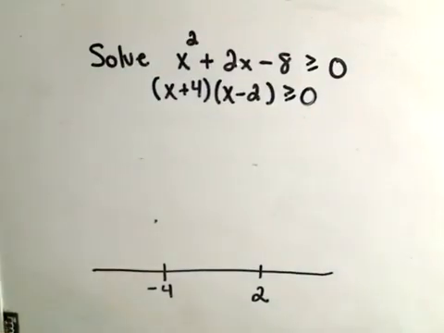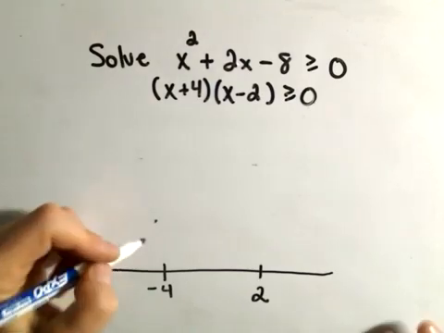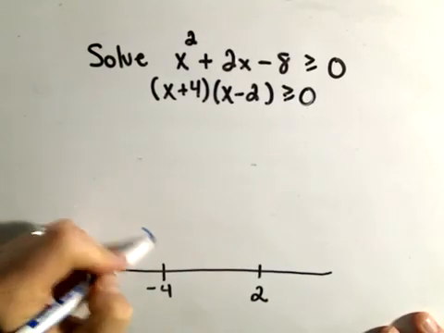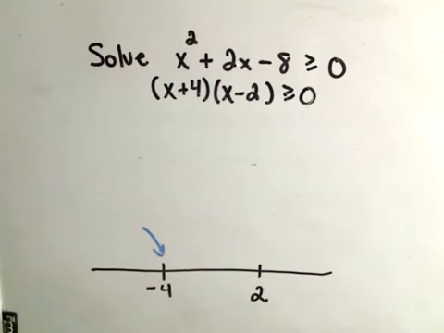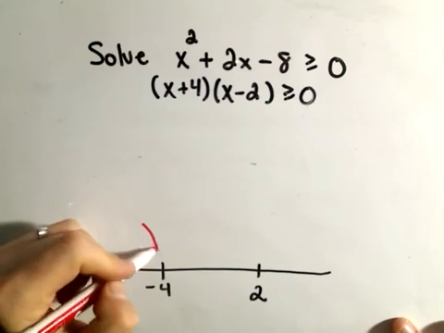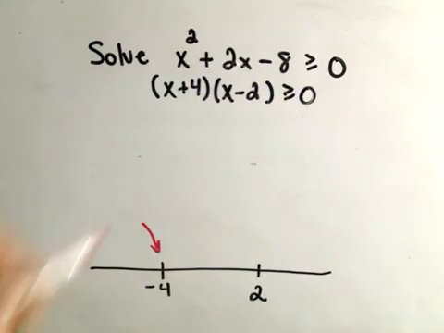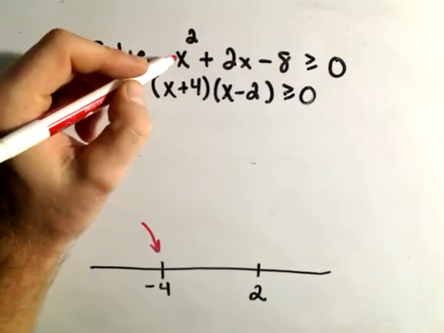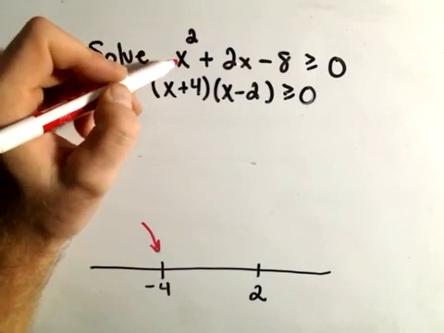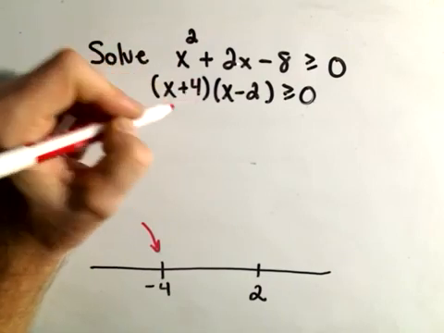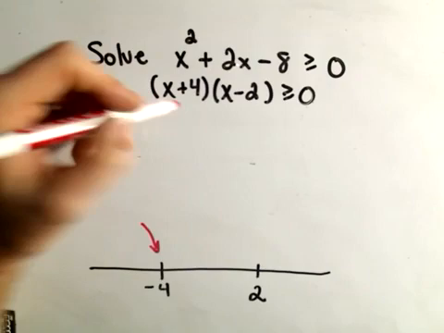Okay, so we have to check each point. So let's do that. We have to check negative 4. Let me use a different color, maybe one that'll show up a little better. If I plug negative 4 into my inequality, it would be equivalent to plugging it into the second line here.